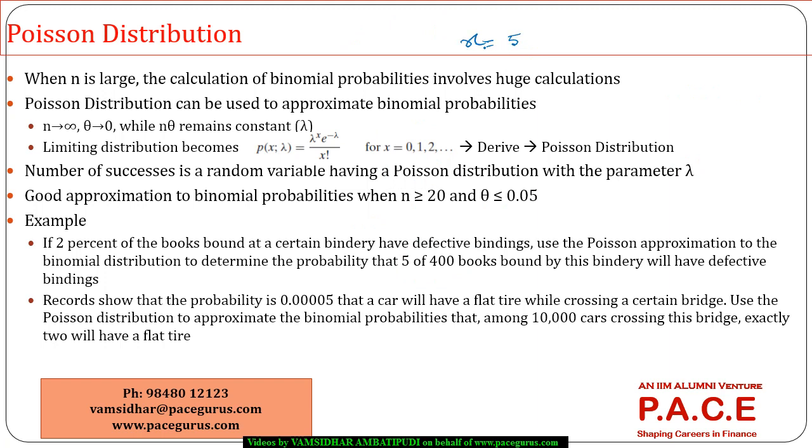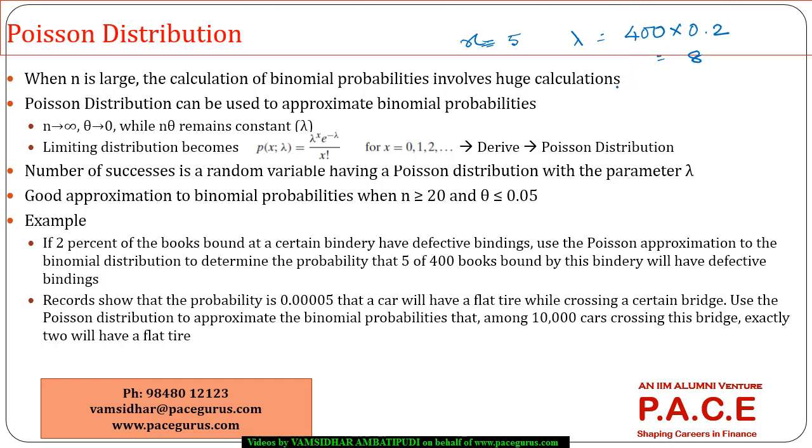Lambda is 400 into 0.02, which works out as 8.